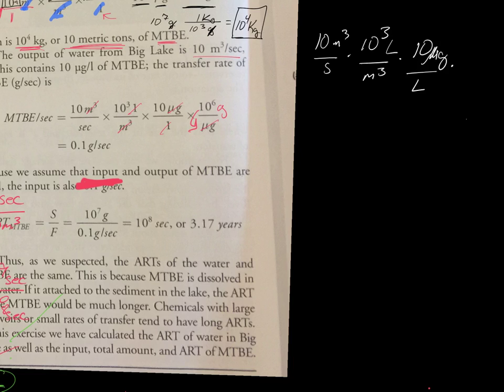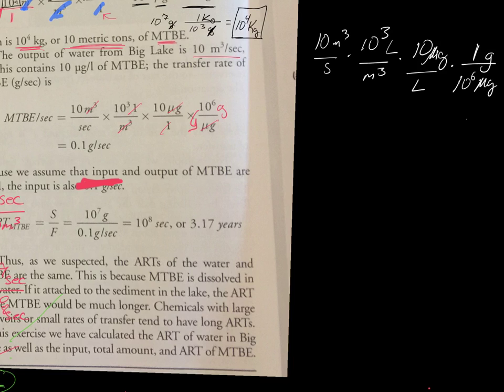Times, now this is where they got it wrong. Grams should be on top, micrograms should be on the bottom. That should be 10 to the 6 down here and 1 gram up there, because there's 10 to the 6 micrograms in 1 gram. They messed that up.